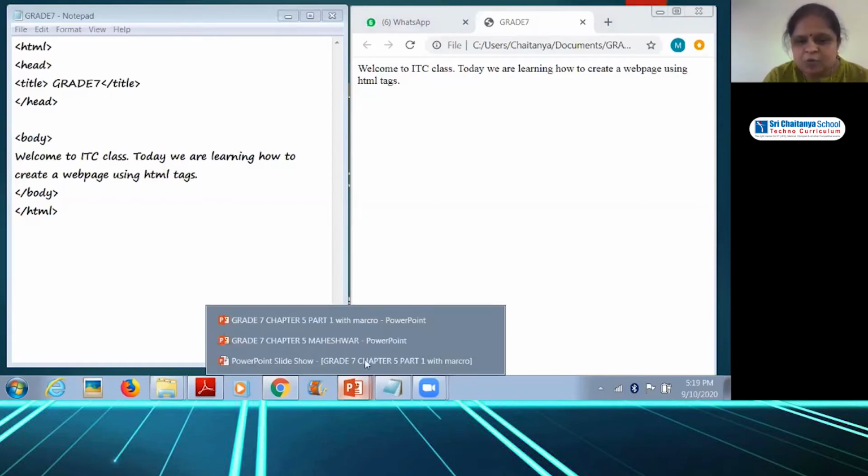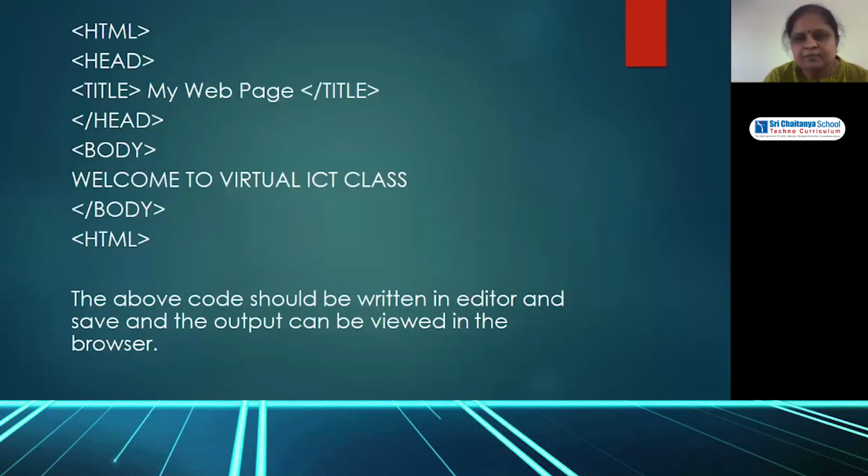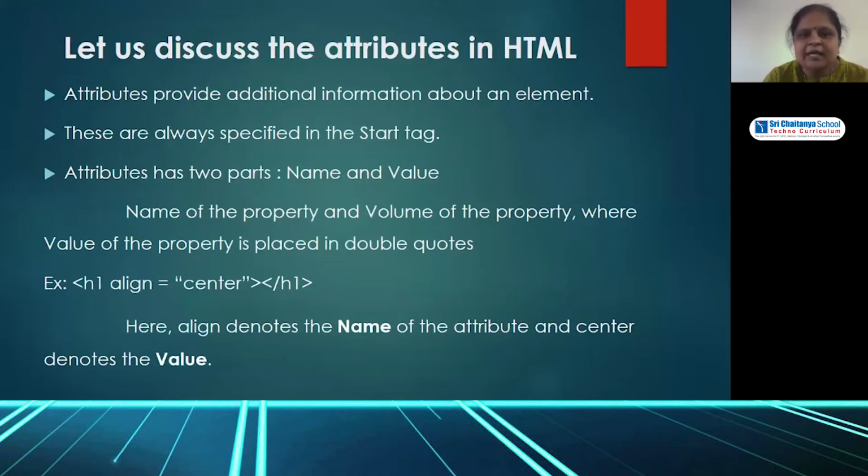Now let us go back to our presentation. Now let us discuss the attributes in HTML. What are these attributes? Attributes provide additional information about an element. About any of the elements which we are writing, it will give additional information about it.